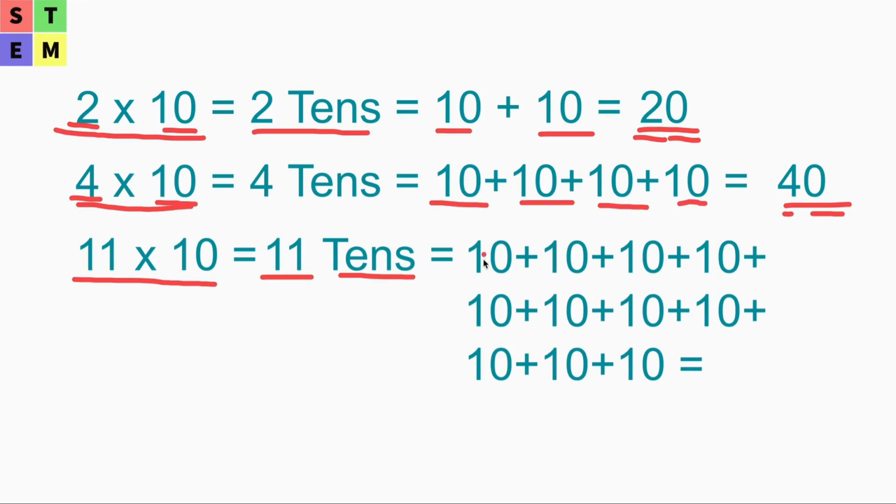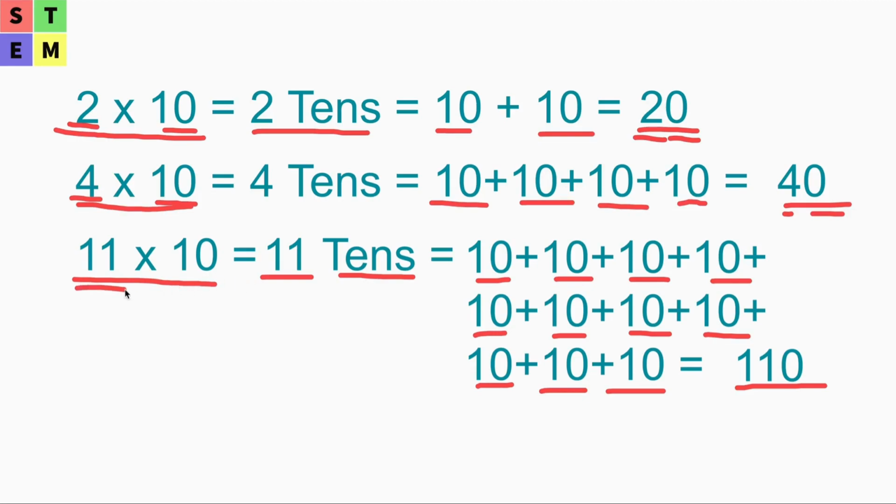So we will have 10, 20, 30, 40, 50, 60, 70, 80, 90, 100, and 110. So we will have 110 as the result. So the pattern, which I just talked about: 11, then 0. We will have an additional 0 at the end of 11. So we got 110. So let's do some practice.